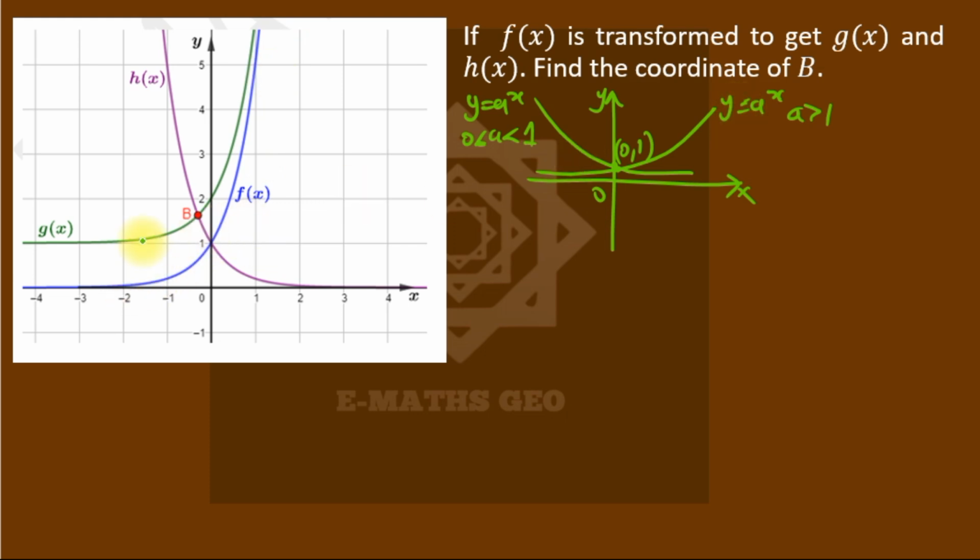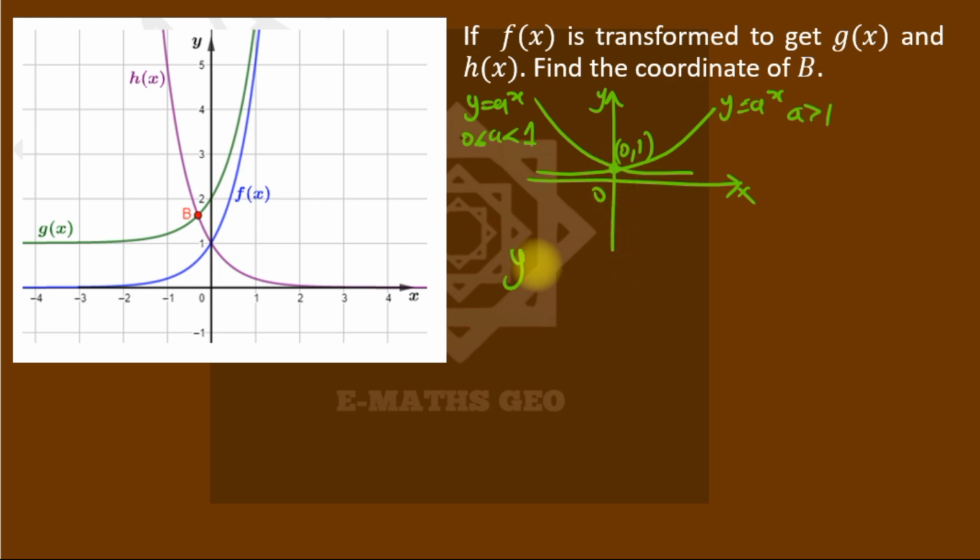As you can see, f(x) was this, and g(x) is also that, but we transform f(x) to get g(x). Again, you have to know something about horizontal and vertical shifts.